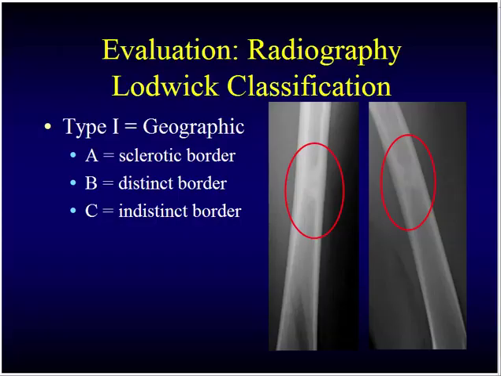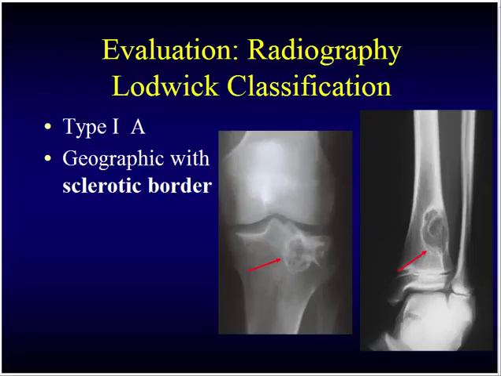And there are 3 types, type 1, 2, and 3. Type 1 is geographic. So a geographic lesion can be subtypes A, B, and C, which means it has a sclerotic border, a distinct border, or an indistinct border. So here's an example of type 1A, geographic lesion with a sclerotic border. All right? This is a fibrous dysplasia. I'll give you that one here around the proximal tibia.